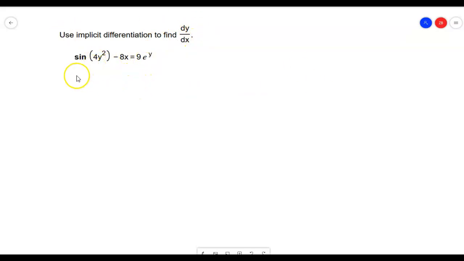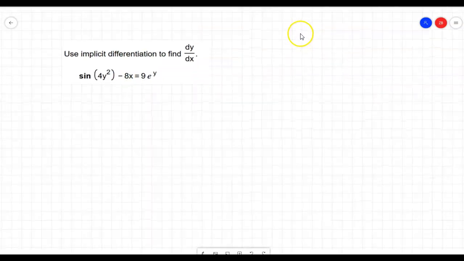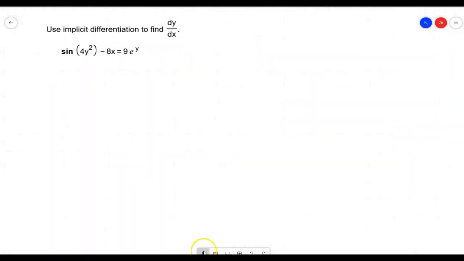Let's do it just like we normally would take the derivative of anything, except that whenever I take a derivative of something that's not an x, in this case a y, I'm going to add a y prime. That's what I'm going to end up solving for at the end. Like I said, I think the book just adds the whole dy over dx, but I like to shorthand.